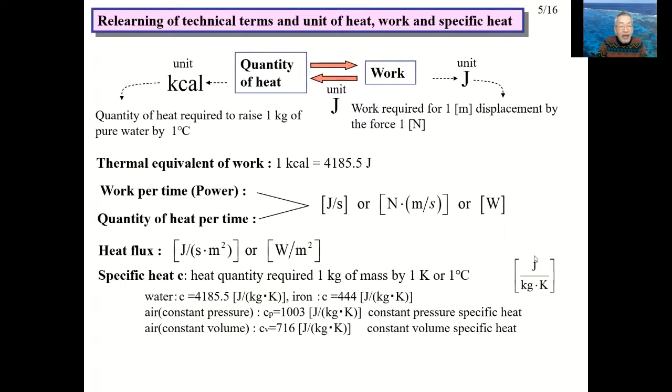When heat is added under constant pressure, the gas expands. Expansion means that the gas exerts a force on the outside. In the case of constant pressure, the heat supplied to the gas is spent not only on the internal temperature rise, but also on mechanical work. So the constant pressure specific heat is larger than the constant volume specific heat.